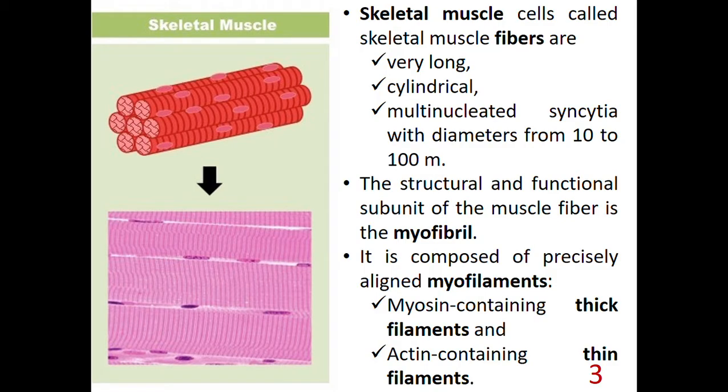A skeletal muscle cell or skeletal fiber is the same thing. As you see here, each cylindrical shape is a skeletal muscle cell or skeletal muscle fiber, and they are cylindrical and very long, also multinucleated cells.